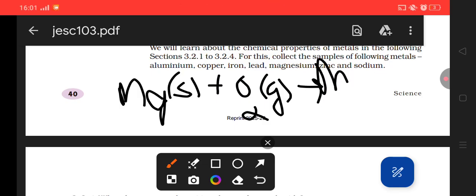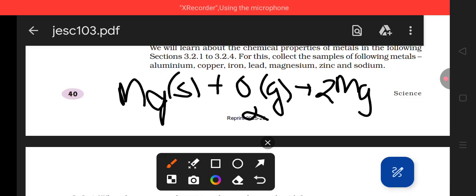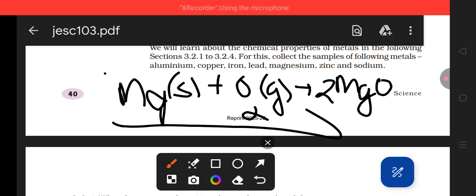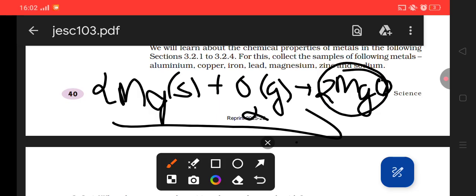Please put 2 also: 2 Mg + O2 gives 2 MgO. Now when you dissolve this in water and check, you will see that the red litmus paper turns blue, because this is a metal oxide, and when we dissolve it in water, it forms a base, and bases turn red litmus paper blue.